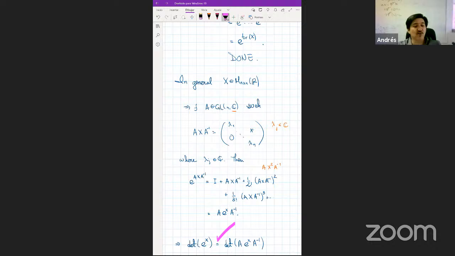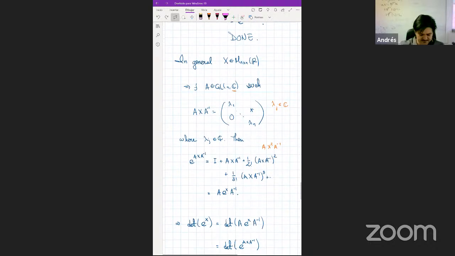The determinant of the product is the product of the determinants. And then, as you said, Moises, the determinant of A is the inverse of the determinant of A inverse. So using that the determinant is a group morphism, basically, we have this. And now I'm going to use this equation to replace this by this. There you go.